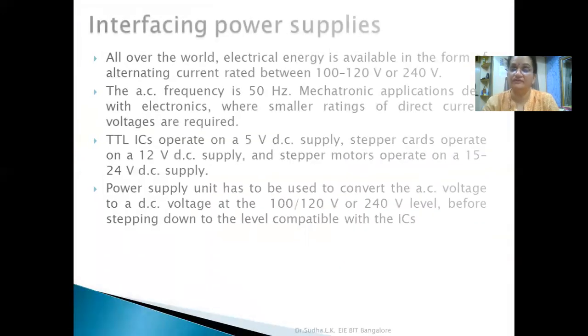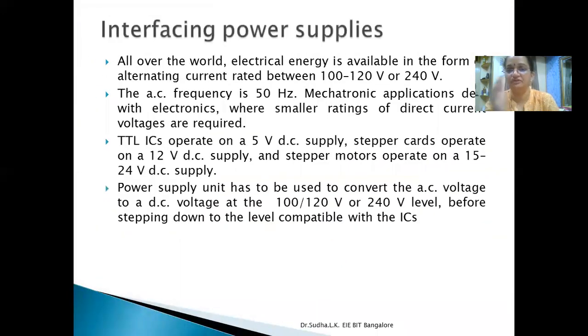When the signal is converted into the analog version, we have to go for higher voltage levels also. That will vary from 5 volts to 12 volts, 12 to 40 volts, like that, depending upon the type of application. So for this also, you need to select what type of power supply is necessary for different applications, especially in the mechatronic system that we can come across here.